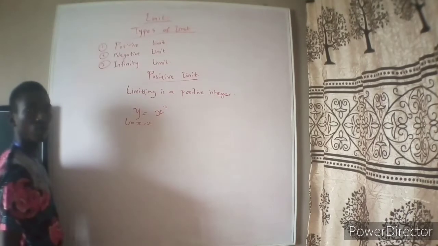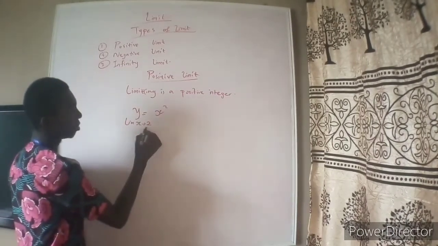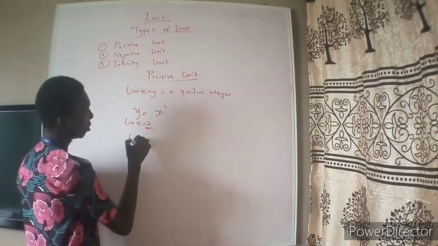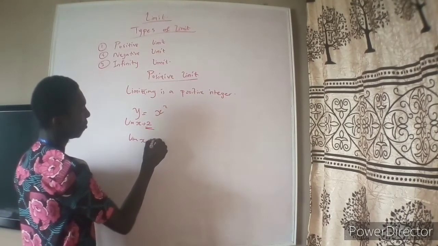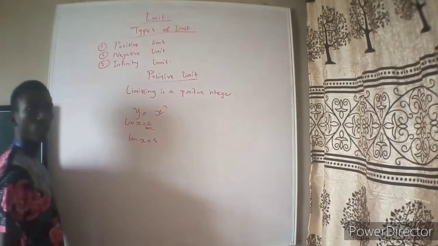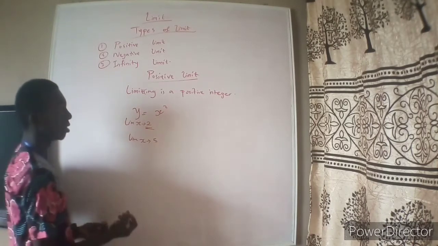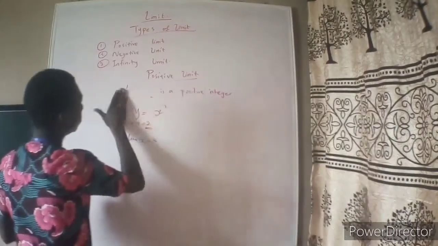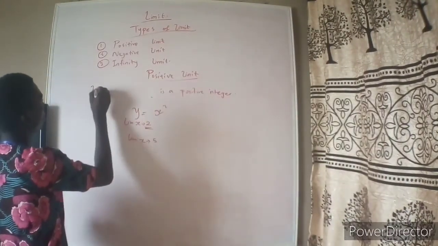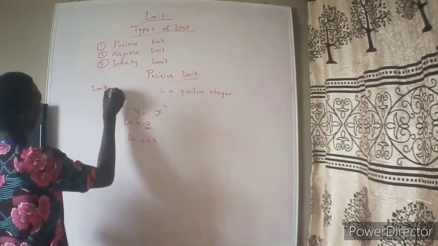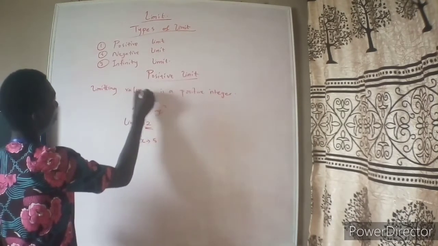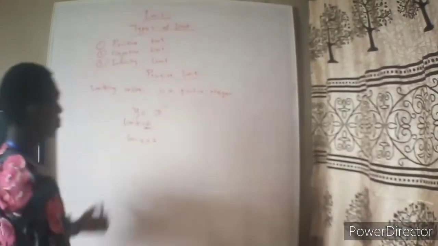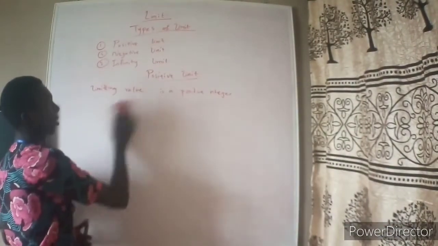This is a positive limit because the limiting integer is positive. It's a positive integer. If I tell you, from this same question, limit x to be 5, it is still a positive limit. So that was the example of a positive limit, whereby the limiting value is a positive integer. These are just the examples.